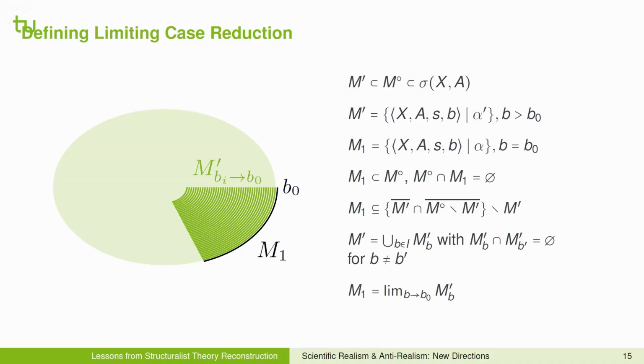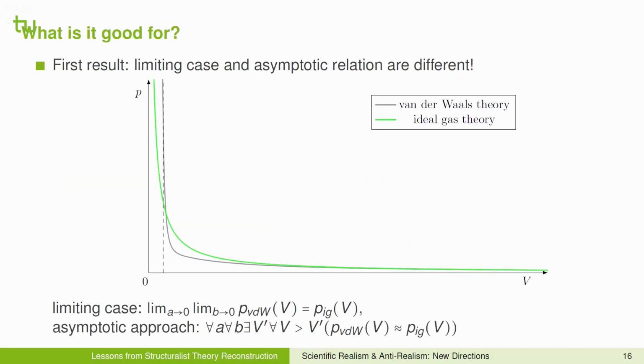Each shell of M prime for different B's can be defined within a uniform space defined on the M prime set, and then we can make sense of this equation. There are some further conditions that I can mention in the Q&A.